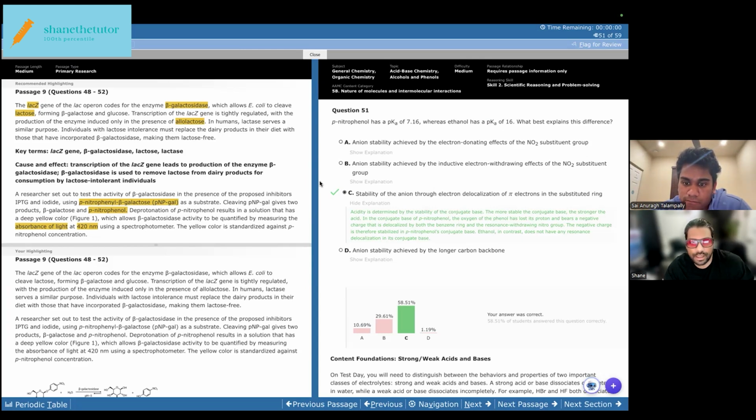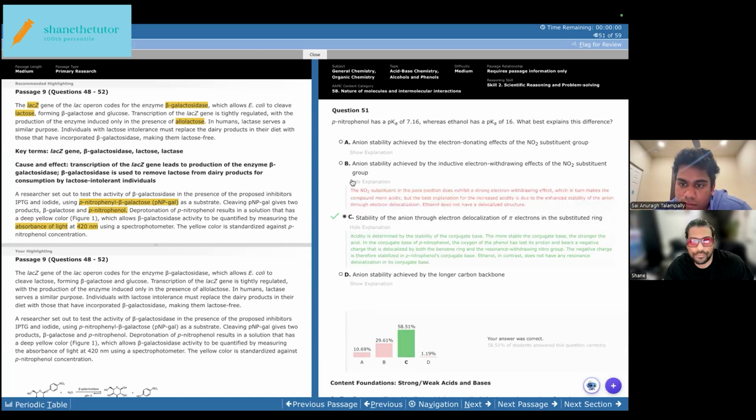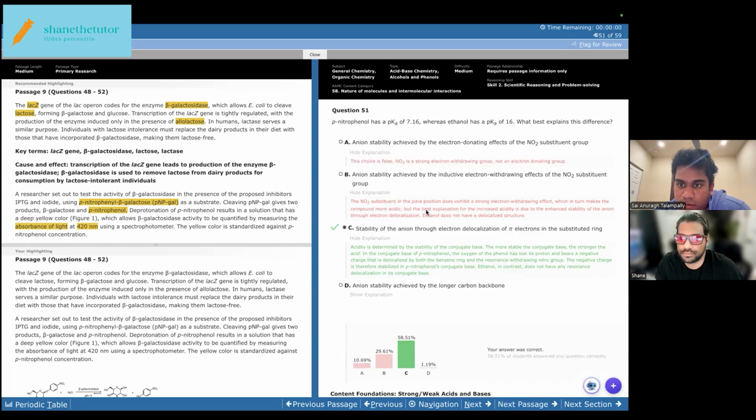I think it's electron... Donating? Yeah, it says here it does exhibit a strong electron withdrawing effect. Apparently it's a withdrawing group.